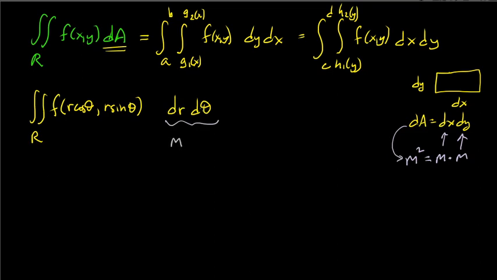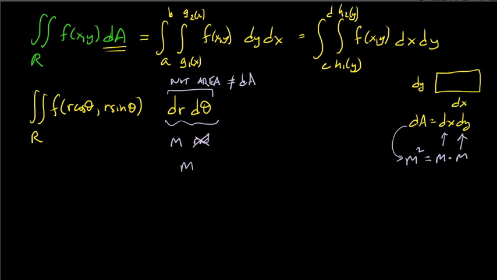That's meters. But theta is not a length. It's an angle. Angles are in radians, but radians are unitless. So this is meters. This is a length. This is not an area. So this cannot be our dA here.